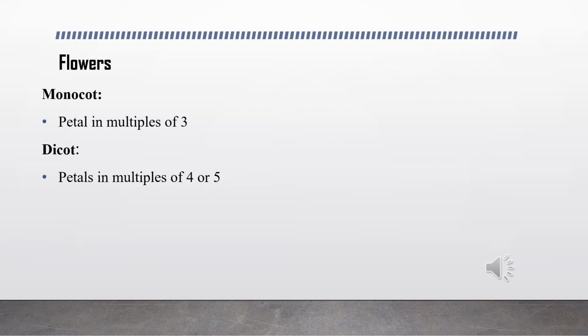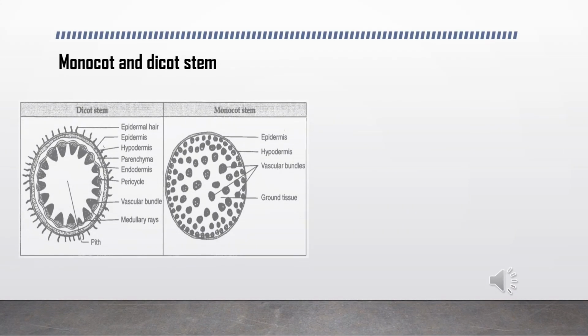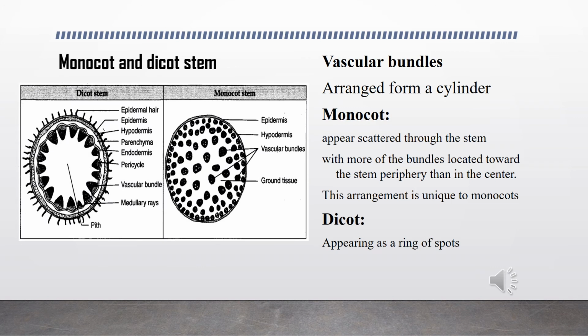Flower, monocot and dicot. Flowers of monocots tend to have flower parts in multiples of 3, while flowers of dicots tend to have flower parts in multiples of 4 or 5. Next, monocot and dicot stem, vascular bundles.